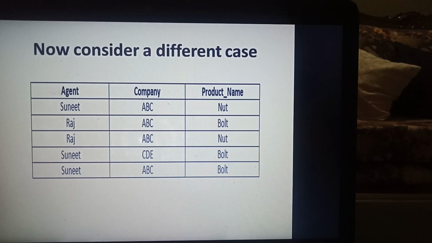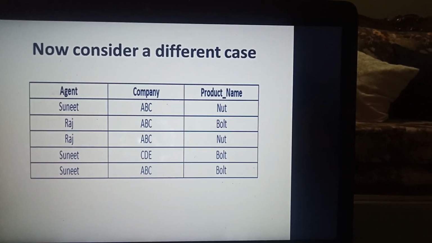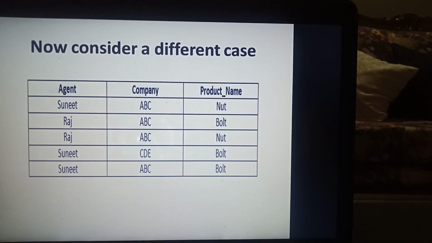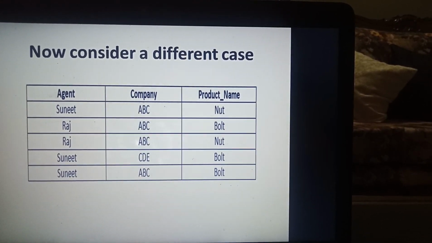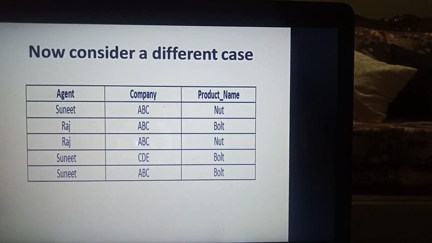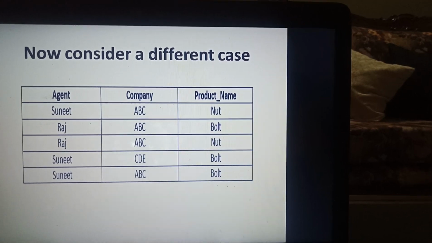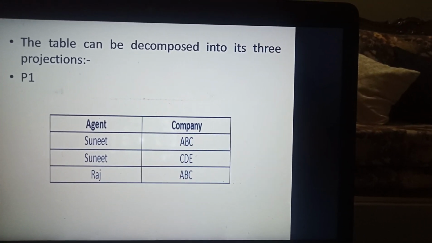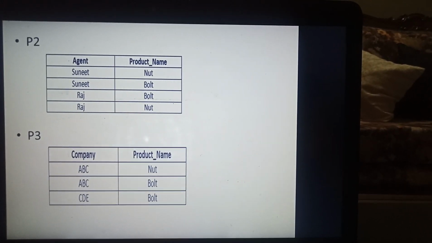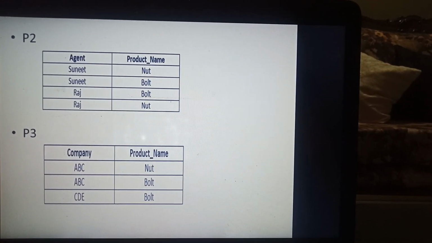Now let us take this example. Now if we divide this table into three projections, first P1 we will have agent and company, P2 agent and product name, and P3 company and product name. Let us see, this is P1 agent and company, P2 agent and product name, and P3 company and product name.